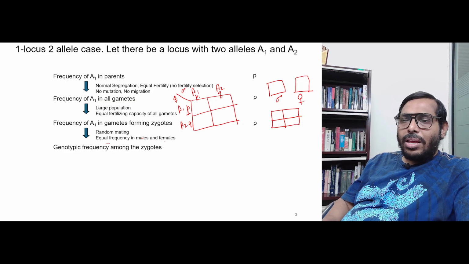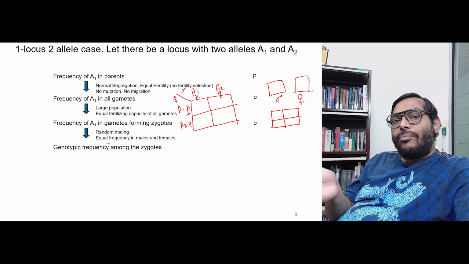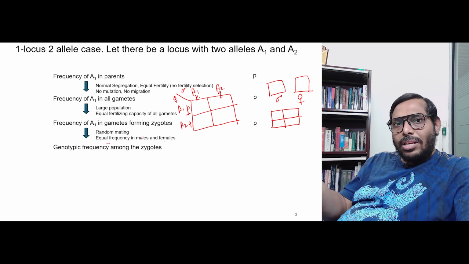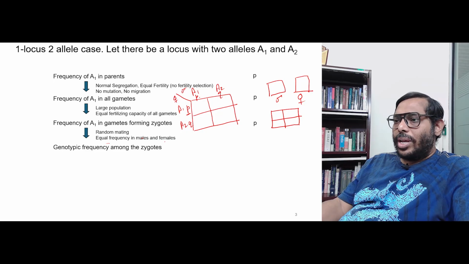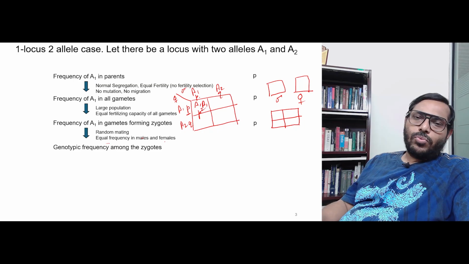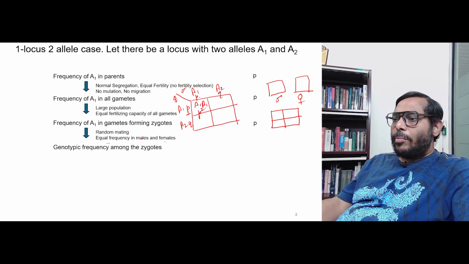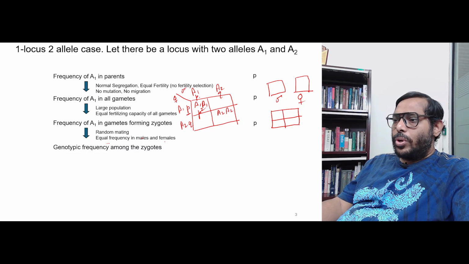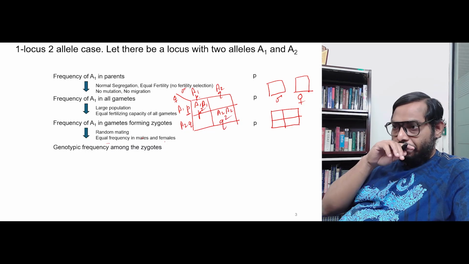So, the probability that you will form an A1 A1 zygote is both these events happening together, which essentially means that the probability of formation of A1 A1 is p into p, which is p square. Similarly, the probability of forming an A2 A2 zygote is q into q equal to q square.